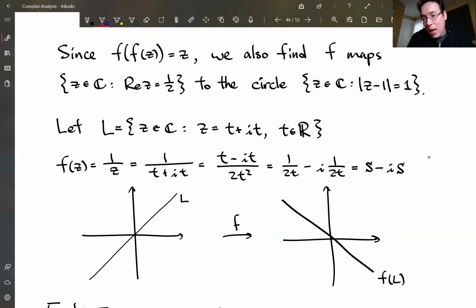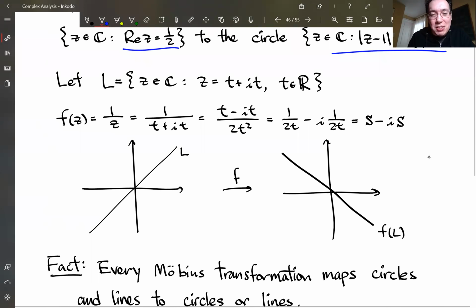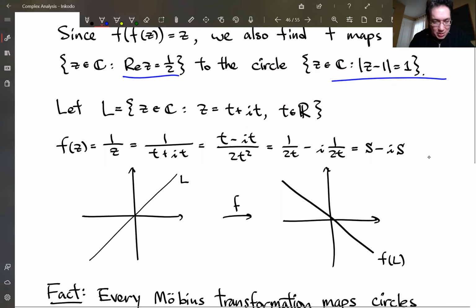Another thing that could happen is, because 1/z is the inverse of itself, if you started with the real part being equal to 1/2, if you started with that line, then it turns into this circle after the map. So circles can turn into circles, circles can turn into a line, a line can turn into a circle, and finally, a line can turn into a line as well.